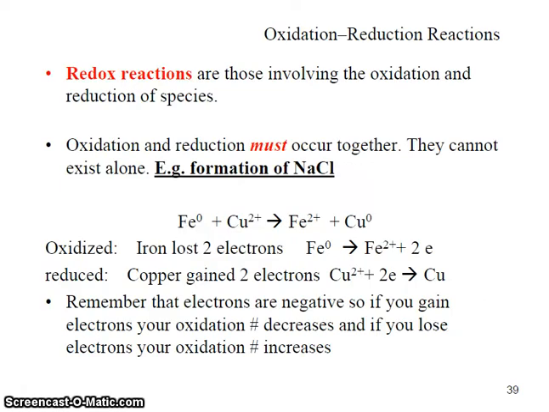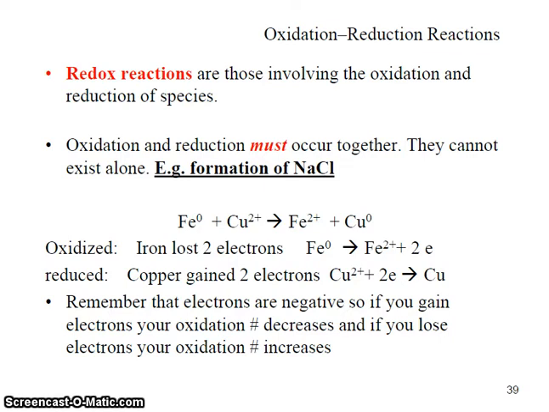Okay, let's then discuss the redox reactions. What are redox reactions? Now, redox reactions are those that involve a reduction, and ox is from oxidation. So there will be a concurrent set of reactions. For every oxidation, there will be a reduction of the species as well.